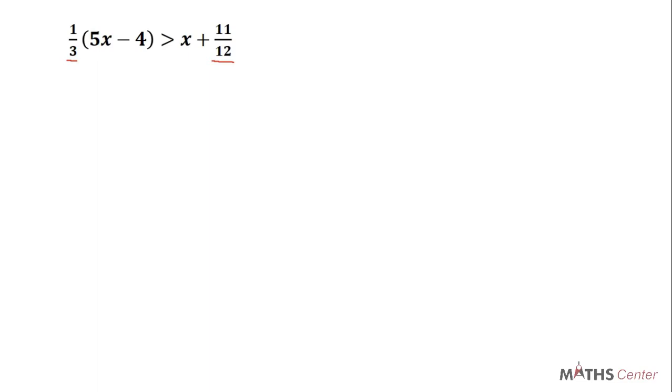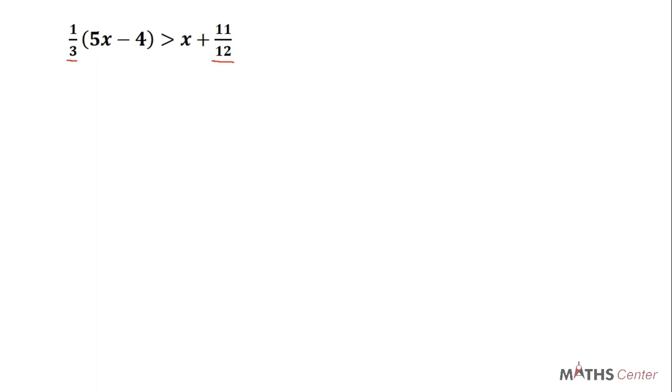Now, after you've identified the fractions, the next thing you need to do is to find the LCM of the denominators. LCM stands for least common multiple. If you watch the video on sets, we explain how to find the LCM of a set of numbers. So here you find the LCM of the denominators. The denominators of the fractions are 3 and 12.